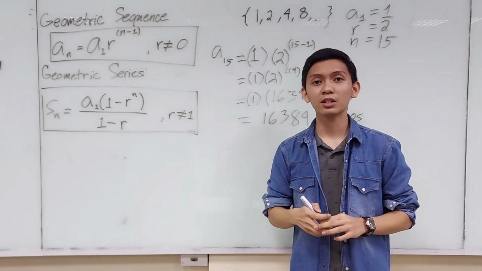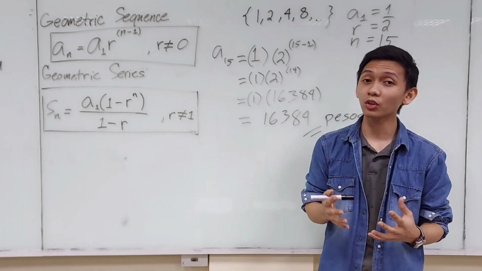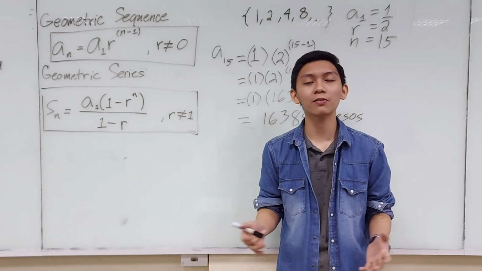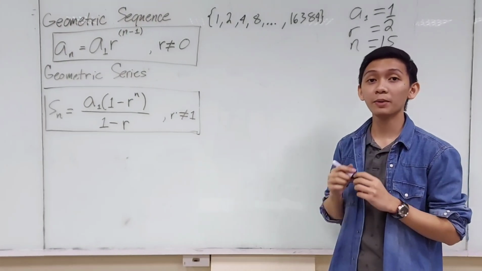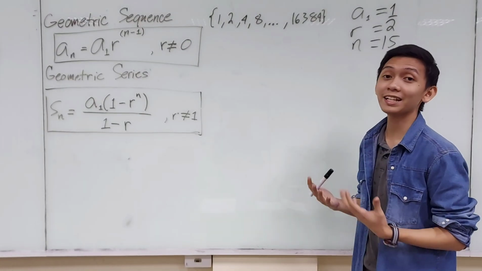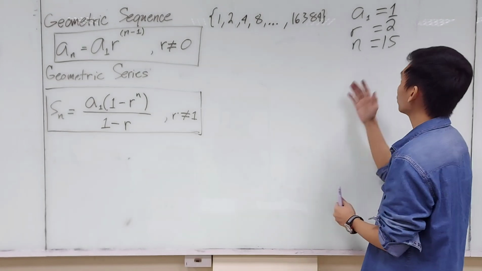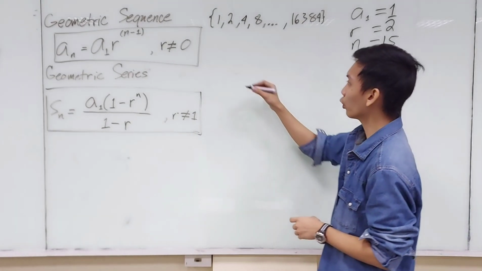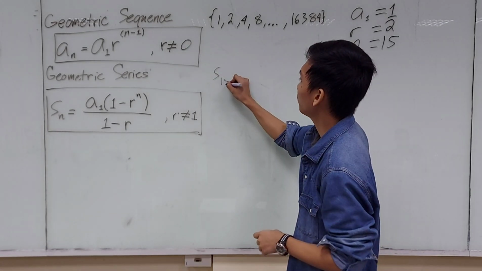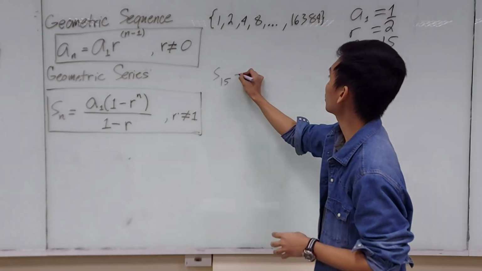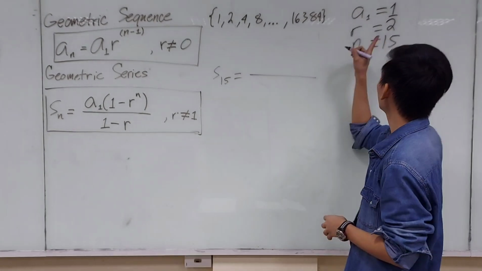But the question is, how much is the total amount of extra bonus Barbie will receive for 15 years of working? Remember that geometric series is the sum of all the terms of a geometric sequence. So we just simply substitute all the given information to this formula. So we're looking for S sub 15 since we have 15 terms. So we will start with a sub 1.